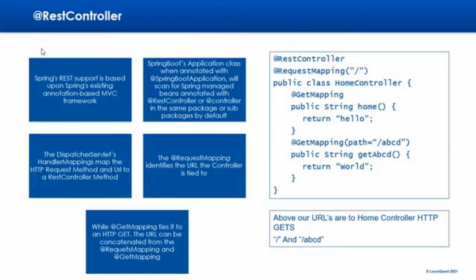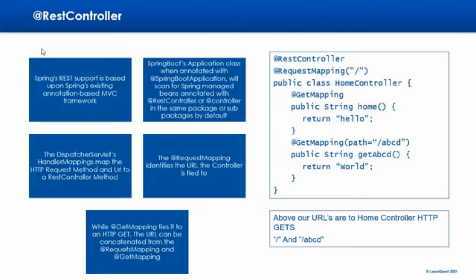Spring MVC, an annotation-based framework, is based off REST requests. The Spring Boot application class annotated with @SpringBootApplication will scan for controllers or REST controllers annotated with @RestController or @Controller and say, these are the places I want to dispatch requests to.